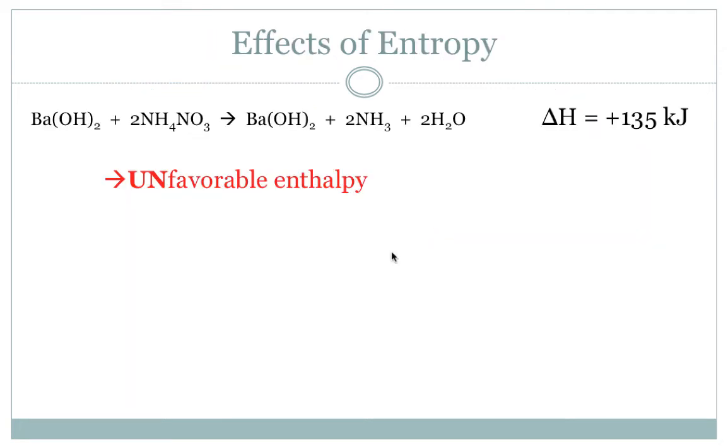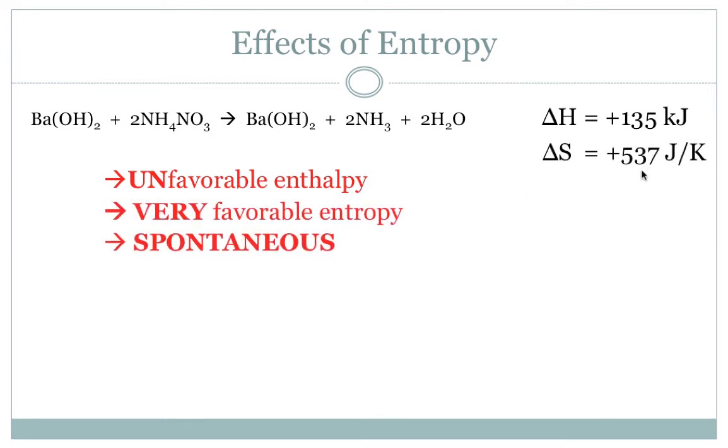Let's take a look at this effect in the form of a chemical reaction. We again have our barium hydroxide reaction from before, that had an unfavorable enthalpy, and we were trying to explain how this reaction could possibly be spontaneous despite the fact that it doesn't have that necessary energy. Well, if we include information about the delta S, we can see that this reaction has a very favorable entropy.